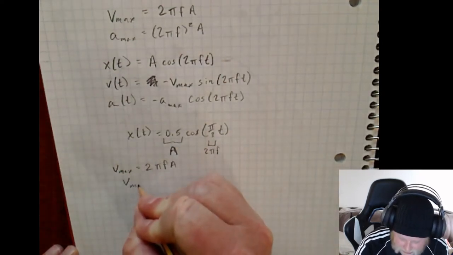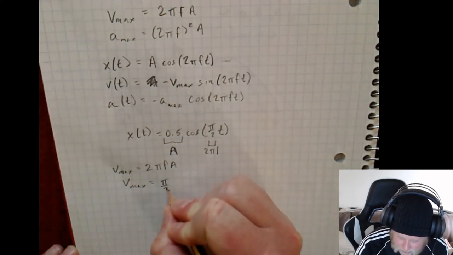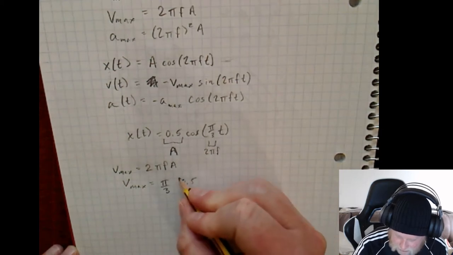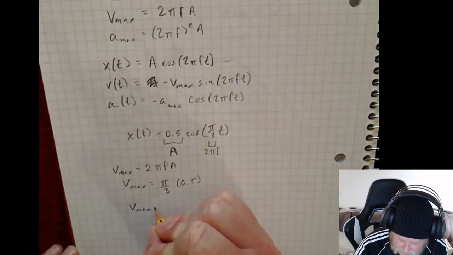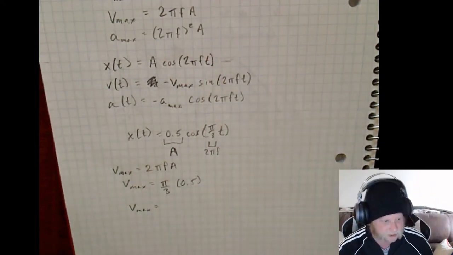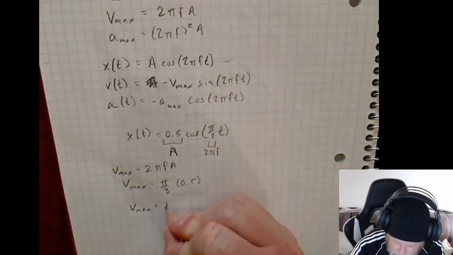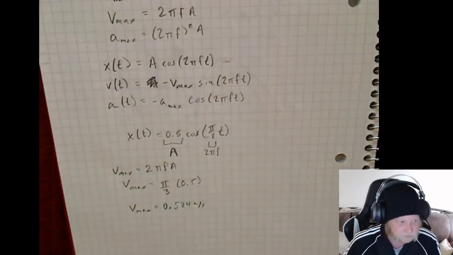So Vmax is equal to pi over 3 times 0.5. All right, so Vmax comes out to 0.524 meters per second.